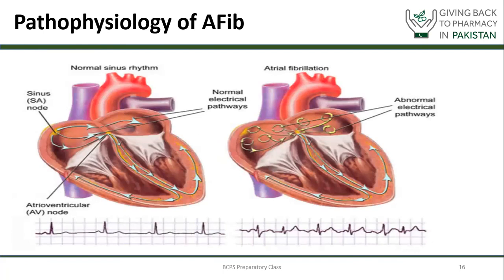The ventricles are contracting after every current, and the heart is beating at a very high rate, like 150 to 200 beats per minute. So the heart is not getting enough time to relax and to fill with blood before it pumps the blood out. If it does not pump out the blood, the patient can go into syncope, the patient can collapse.